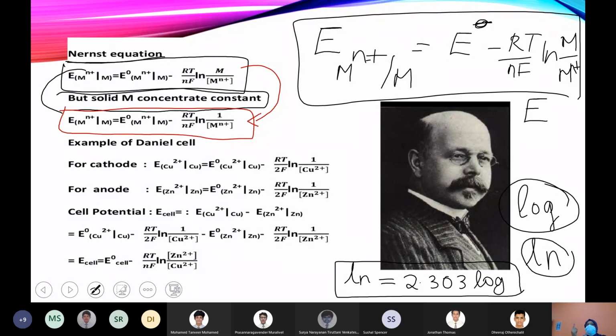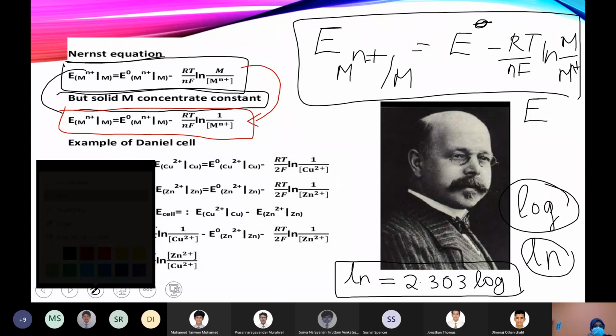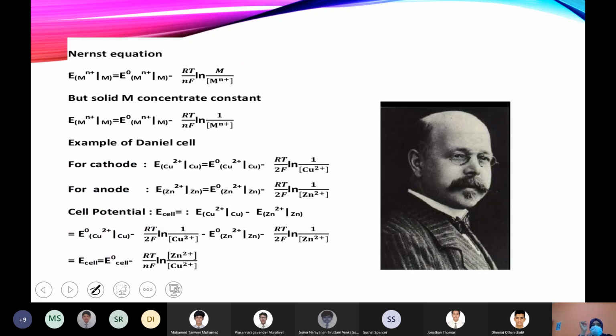So this is when you have a single electrode: using the Nernst equation for an electrode potential, you can calculate the electrode potential under non-standard condition. What is R? R is the gas constant, T is temperature, n is the number of electrons, and F is, as you might know from physics, the Faraday constant, 96,500 coulombs.